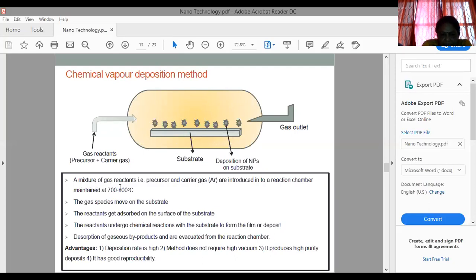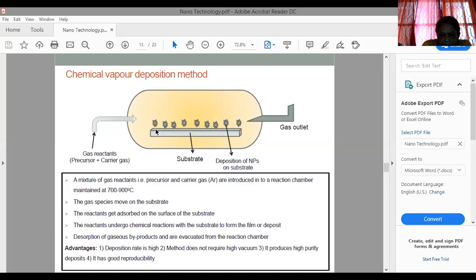So at this high temperature, the gaseous species move on to the substrate. There is the substrate where you want to prepare the nanoparticle. So these reactant gases get adsorbed on the surface of the substrate, and then the reactants undergo chemical reactions with the substrate to form the nano film or the nano deposit here.